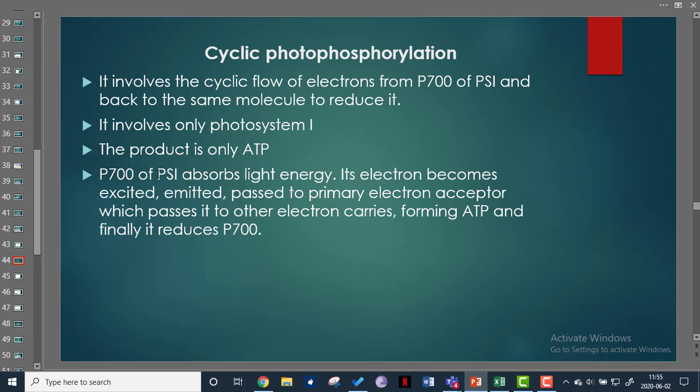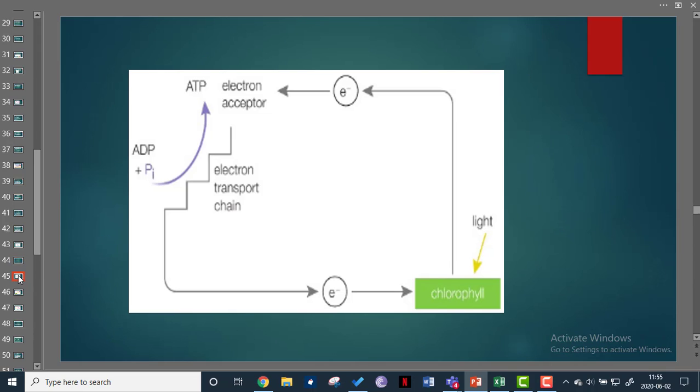Now, the P700 of photosystem 1 absorbs the light energy, then its electron becomes excited, is emitted, and passed to the primary electron acceptor, which passes it to other electron carriers, forming ATP, and finally it reduces the P700.